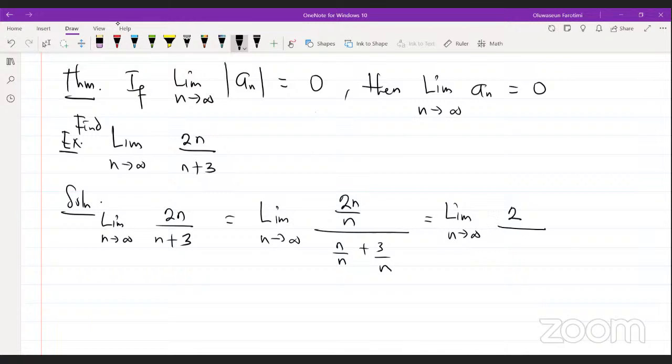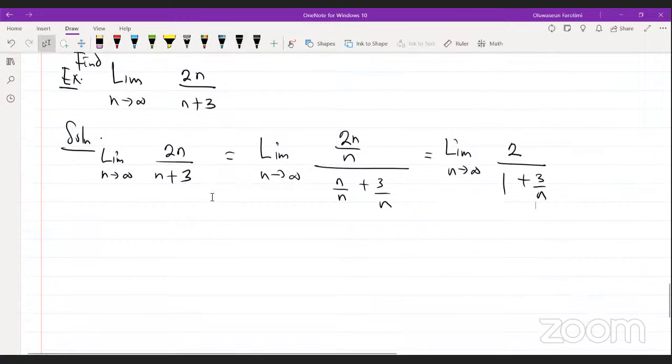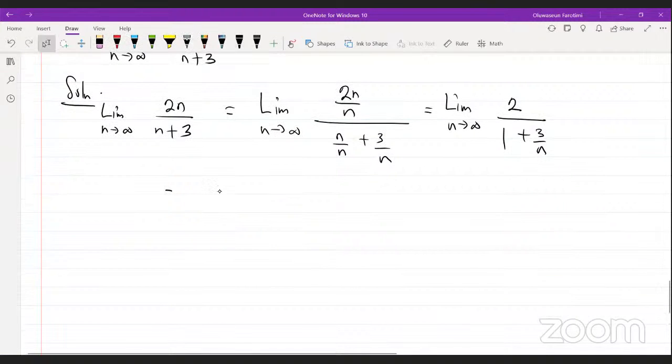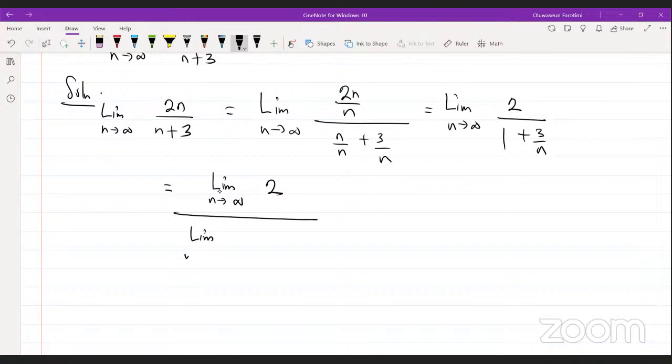So this is 2 divided by 1 plus 3 over n. Now, do you guys remember the limit laws? Remember, it applies to division. So now I'm going to apply that law. This is the limit as n goes large of 2, divided by the limit as n goes to infinity of 1 plus 3 over n.